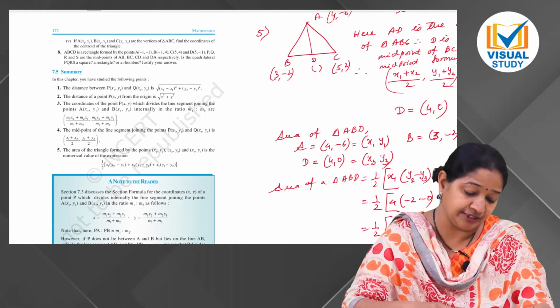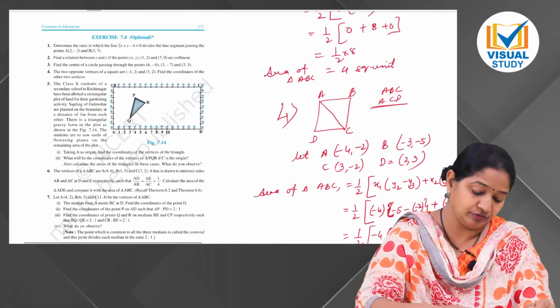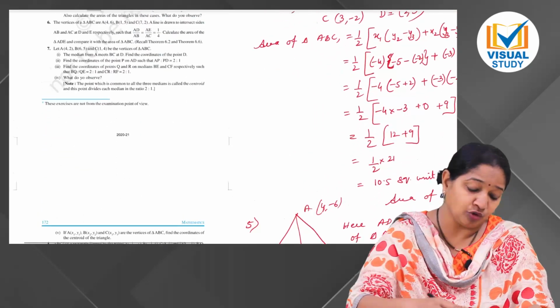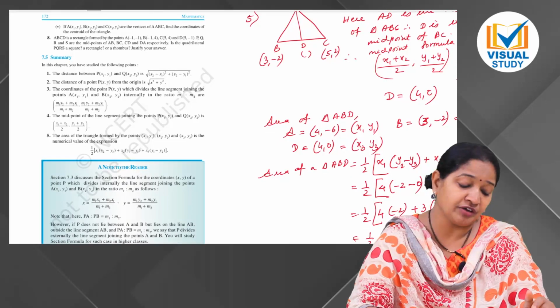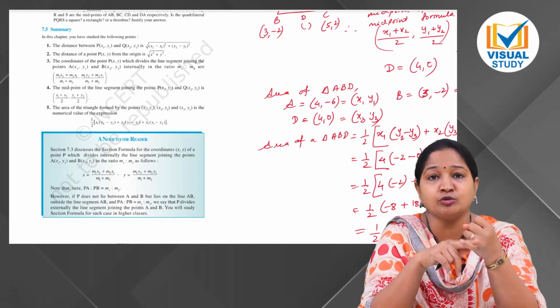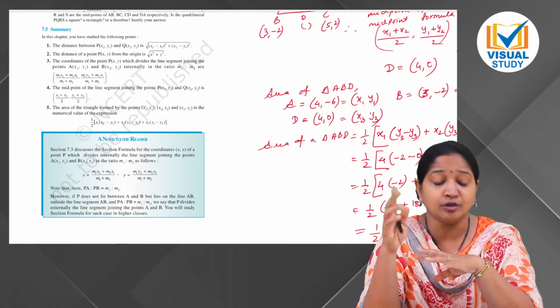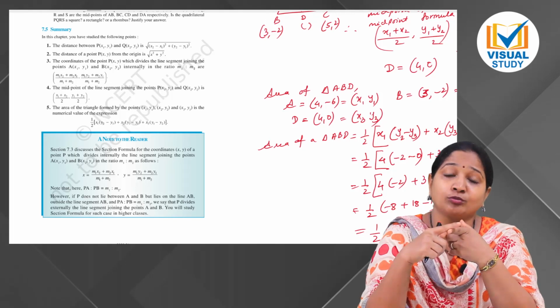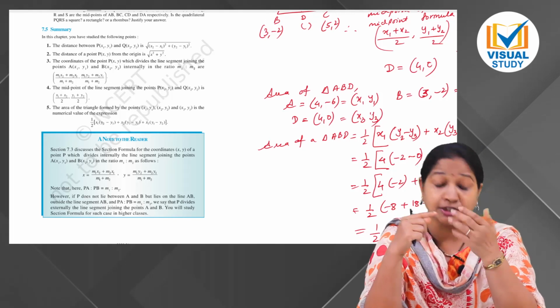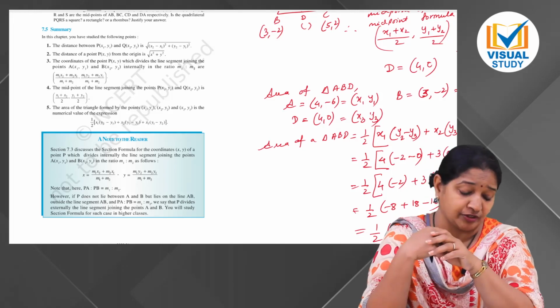In this way, we have finished our exercise 7.3. Now, what is the summary of this lesson? We have learned the distance formula: under root (x2 minus x1) whole square plus (y2 minus y1) whole square, and the distance from the origin, under root x square plus y square.